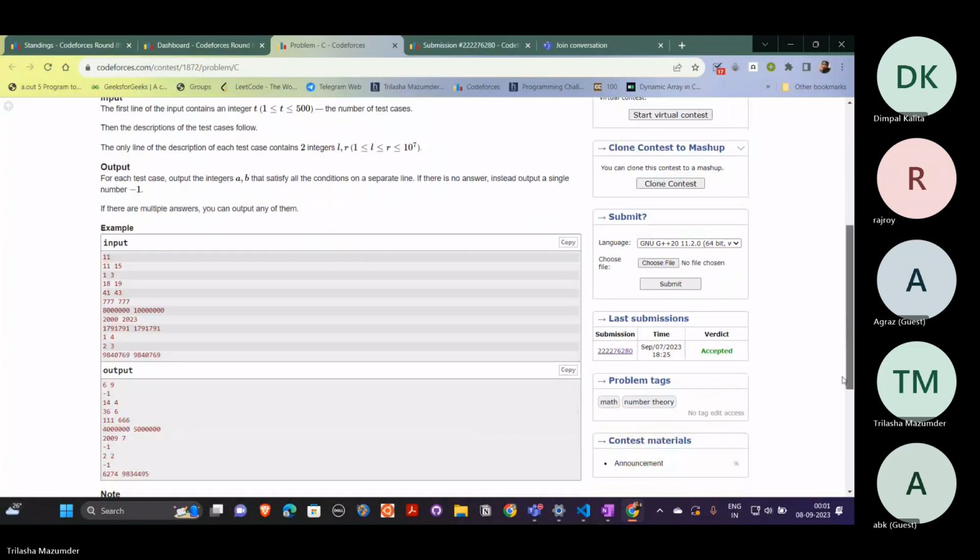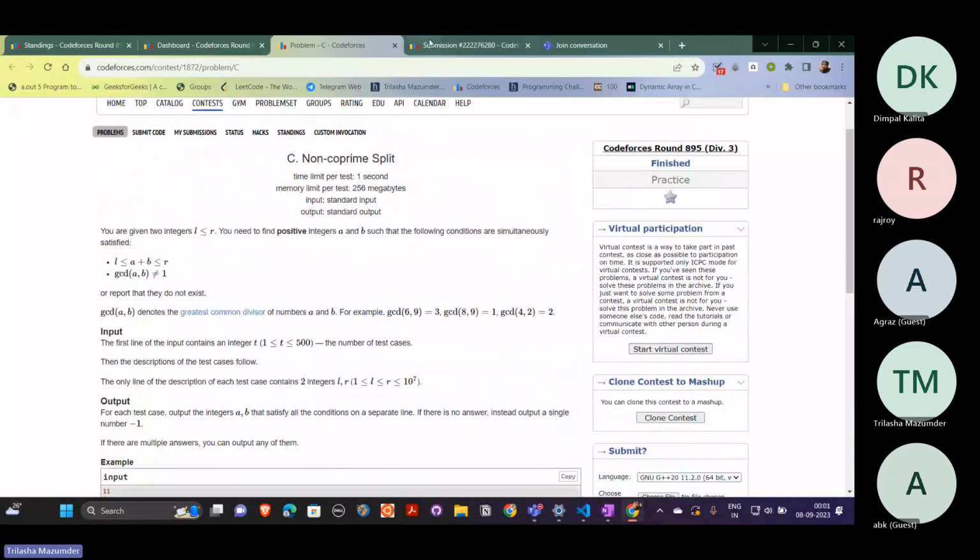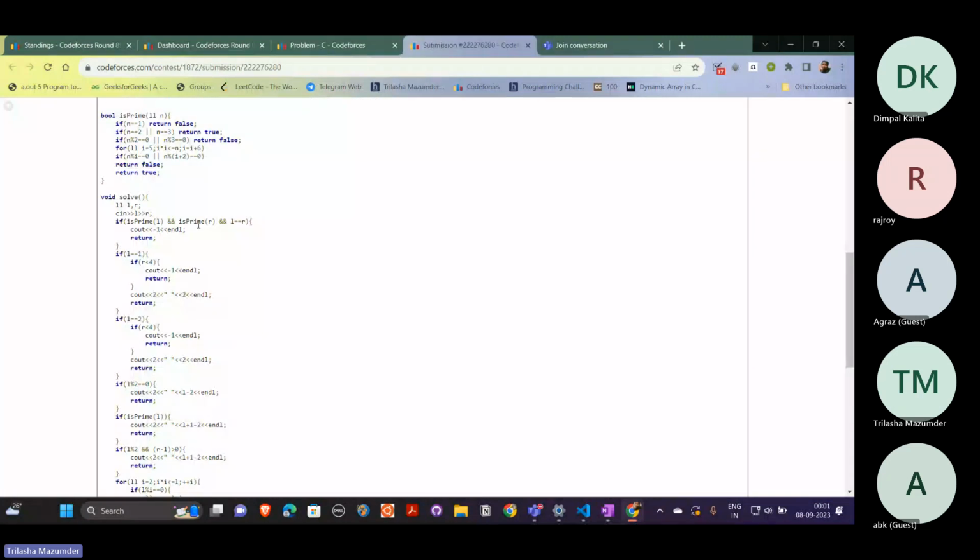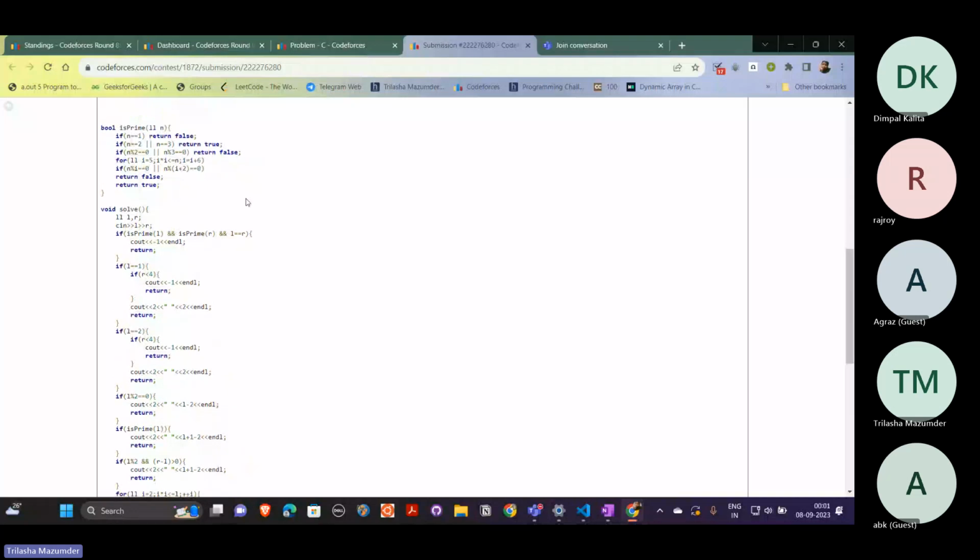So I found it easier to break the question into different cases that can occur. I would like to explain with that. One of the first cases that I've considered is if both L and R are prime numbers and both are equal. Suppose L is 23 and R is also 23.